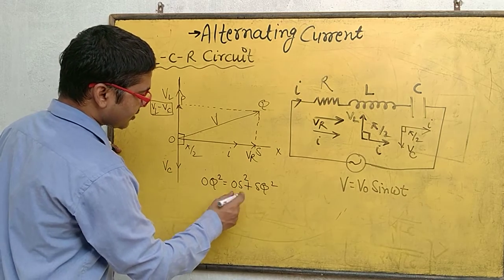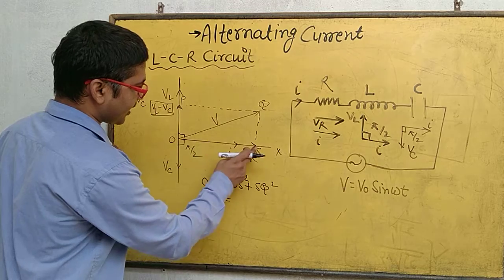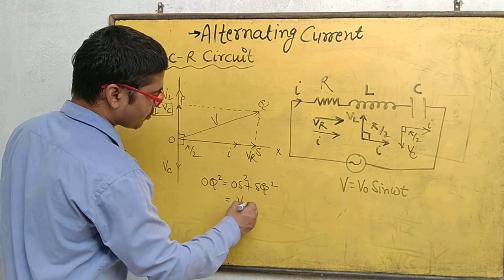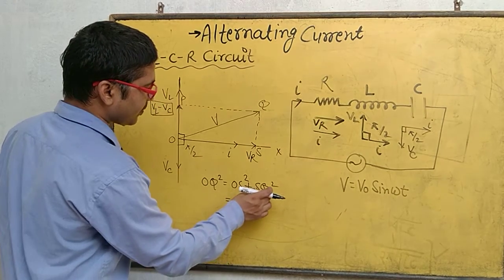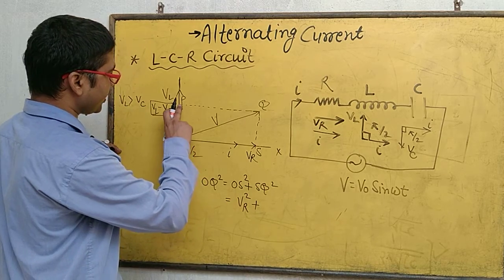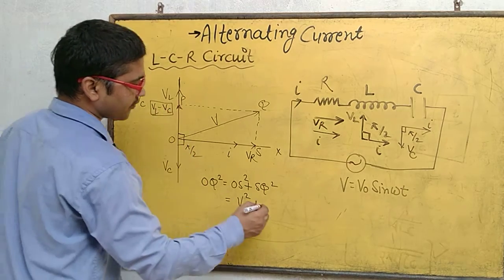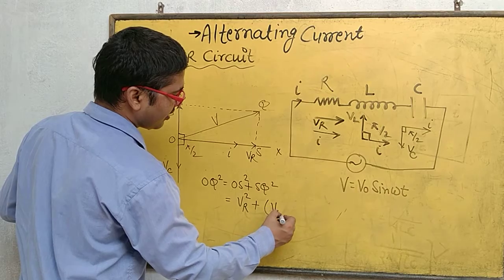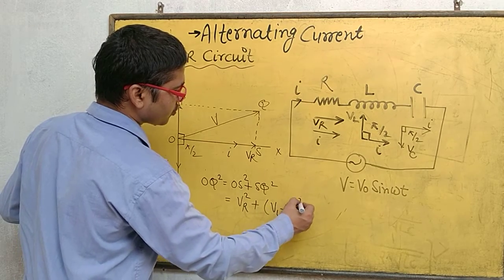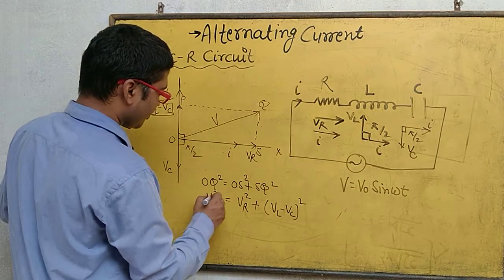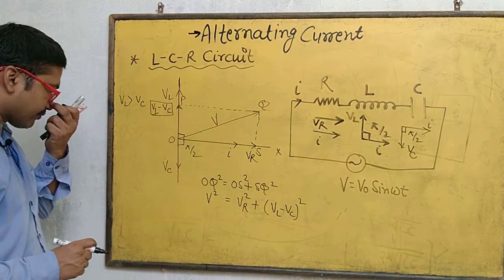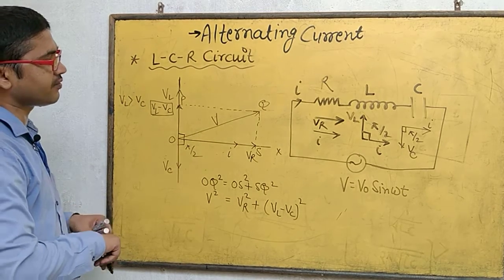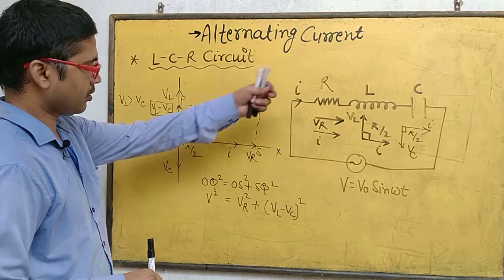So in place of OS you can write VR. So you can write VR square plus, in place of SQ you can write OP, that is VL minus VC, whole square. So this is the equation of the net effective voltage for the LCR circuit.